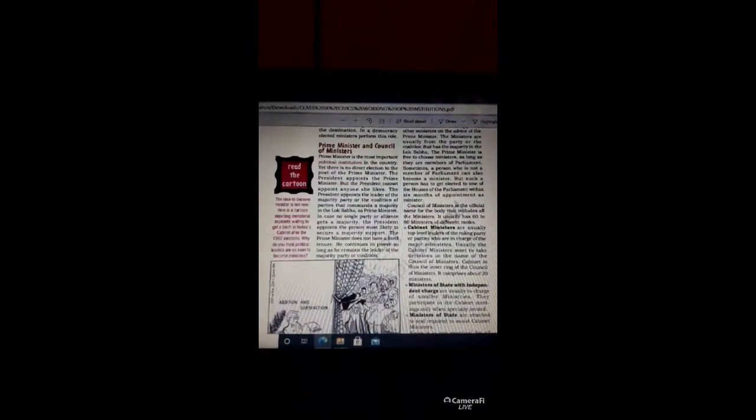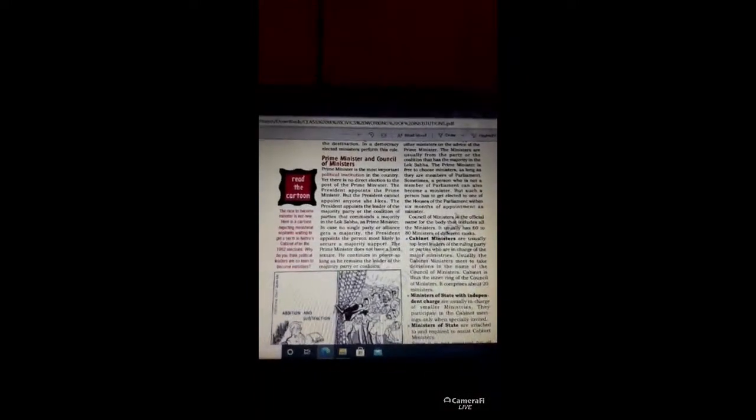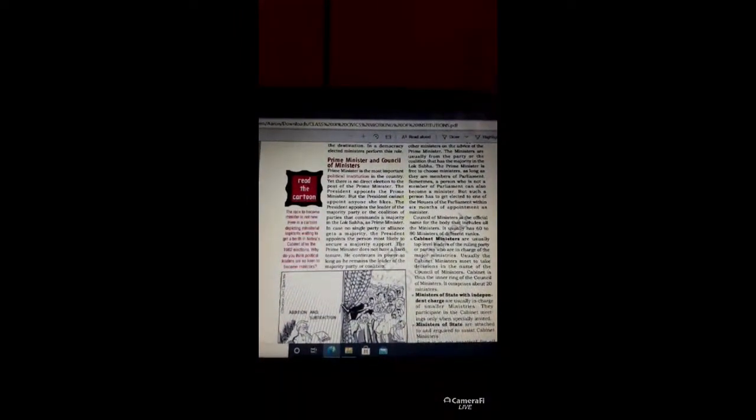It is called the inner ring because the main decisions are taken by this council of cabinet ministers, and it comprises 20 to 25 ministers.